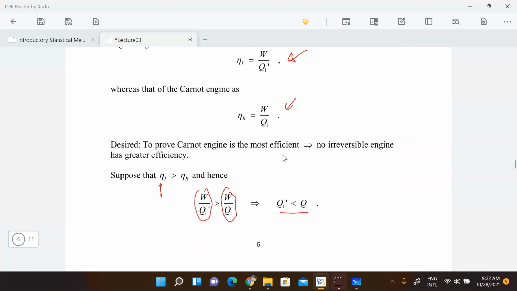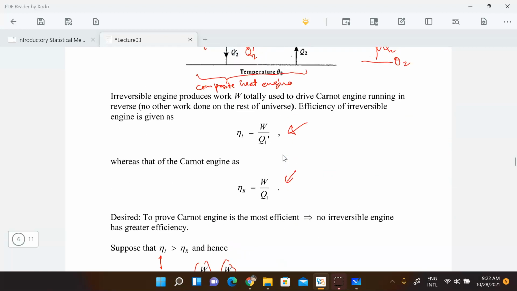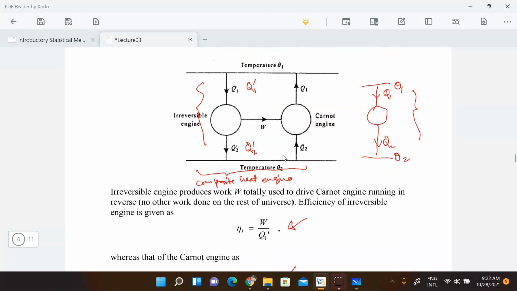Sorry, Q1 dash is less, I was getting confused. Q1 dash is less than Q1. You should remember that.